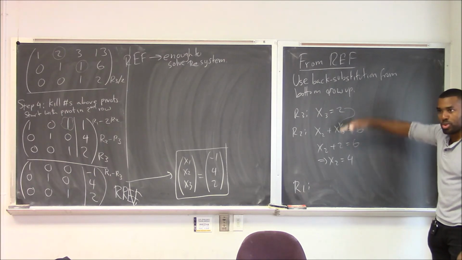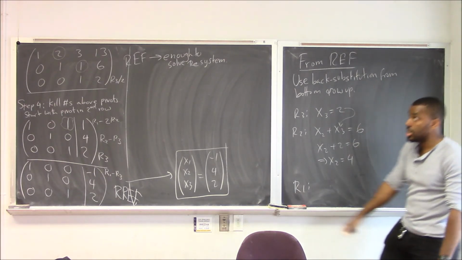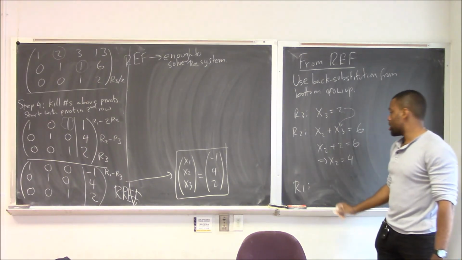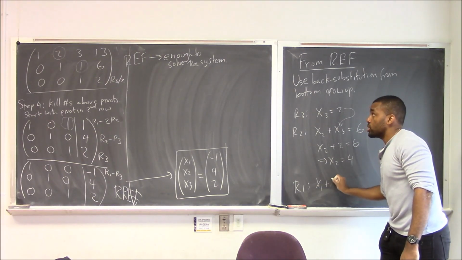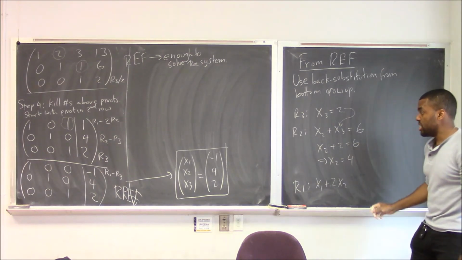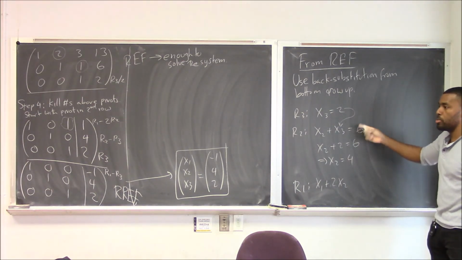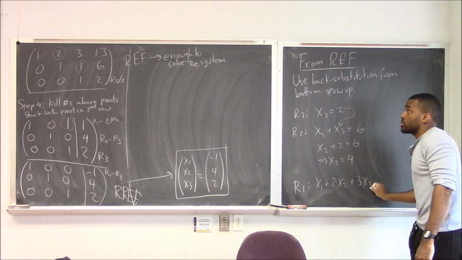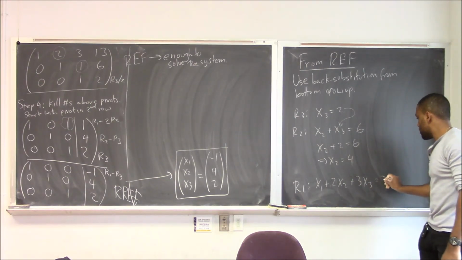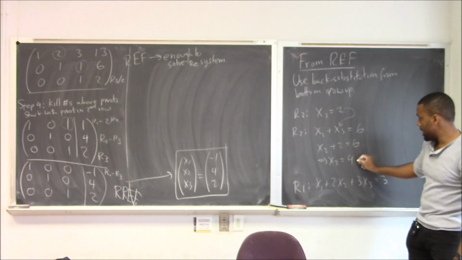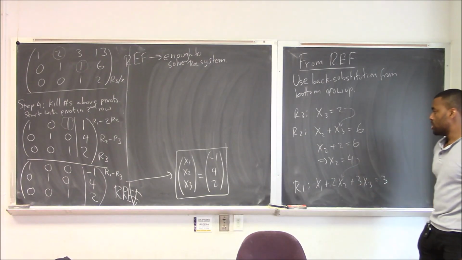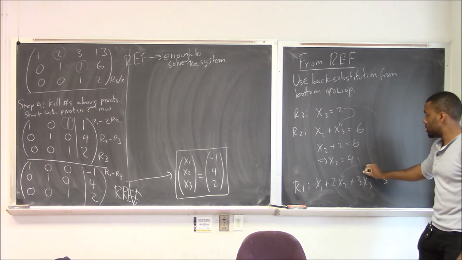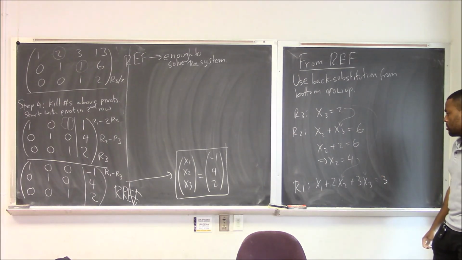We can start from the bottom row and work our way up and find all the variables if we chose to stop at row echelon form. So in row 1, x1 plus 2x2 plus 3x3 equals 3. I can plug in my x2 equals 4, which would make that 8. I can plug in my x3 equals 2, which would make that 6.